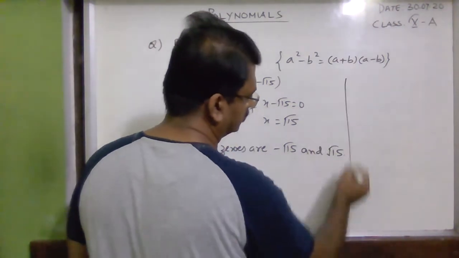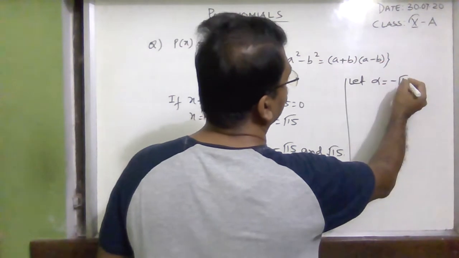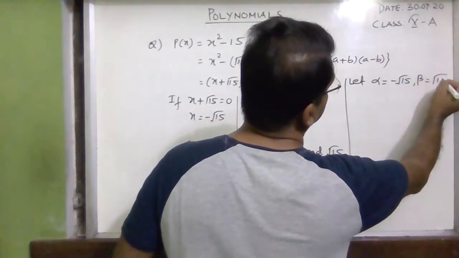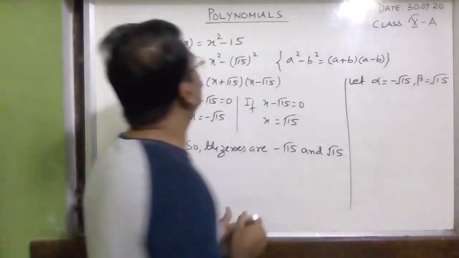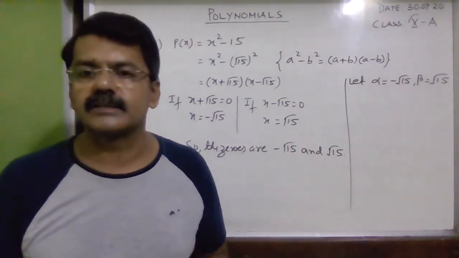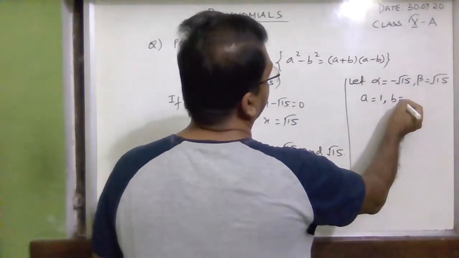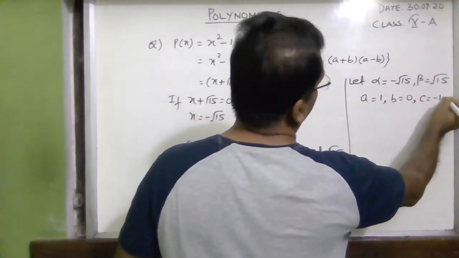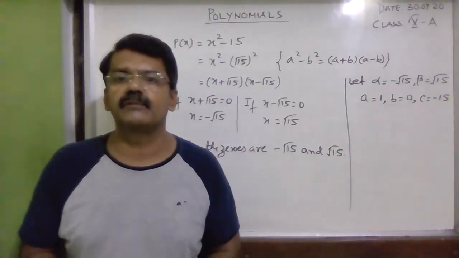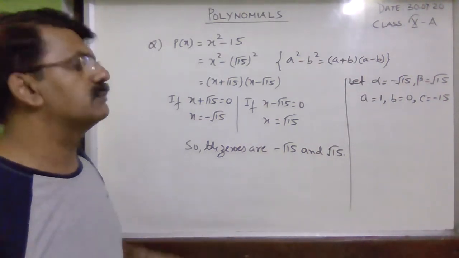Now let alpha is equal to minus root 15, beta is equal to root 15. And if you compare this polynomial with the quadratic polynomial ax square plus bx plus c, then you can see a is equal to 1, b is equal to 0, c is equal to minus 15. A is 1, the term containing x is not there. So b is equal to 0 and c is equal to minus 15.